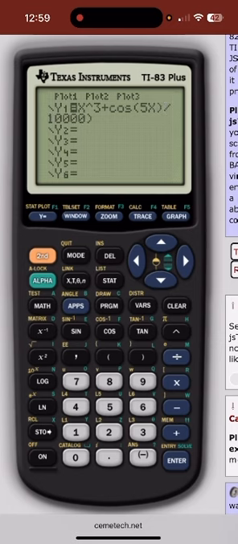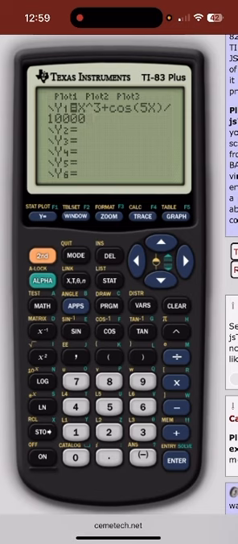So I want this expression, cosine of 5x, divided by 10,000. I think the way I have it typed in should be okay. Let me fix this parenthesis over here. When you're typing it in, the first challenge is being sure to use your parentheses properly.